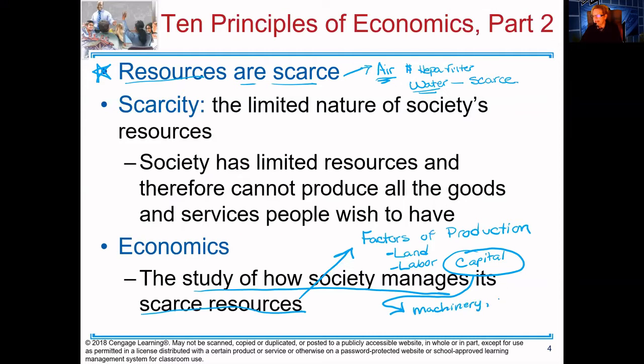Okay, it's not money. That's an important point. So by capital, here's a good example. If we have a farmer and they're going to produce wheat, they're using a tractor to produce the wheat, and that tractor becomes capital. They're not producing tractors, they're producing wheat, but they use that tractor to produce the wheat as a whole.